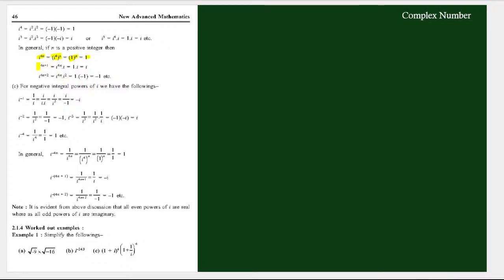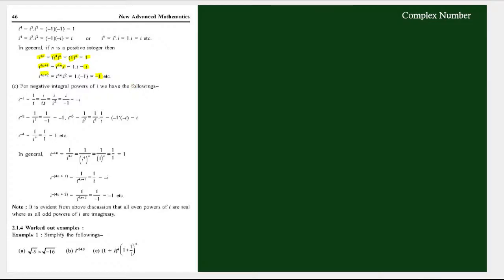Same, 4n plus 1, अगर power है तो it will give you i. So whatever be the power of the number, it will always give you i. And if the power is 4n plus 2, then it will give you minus 1. So write this in your notebook.